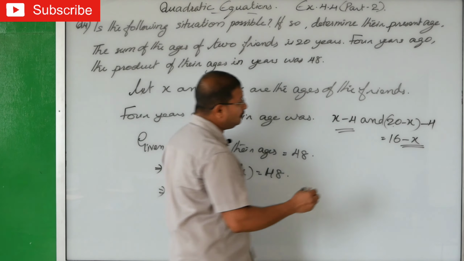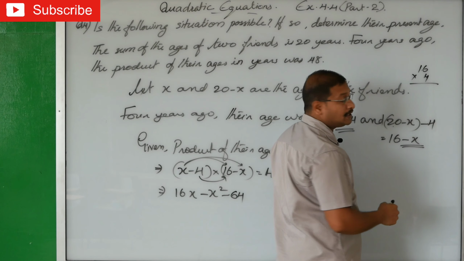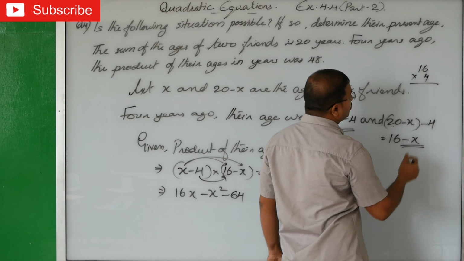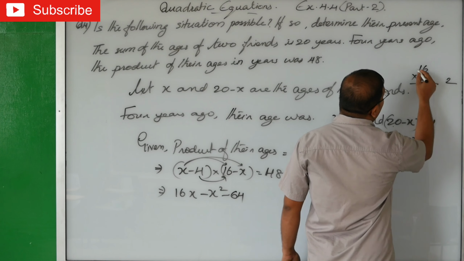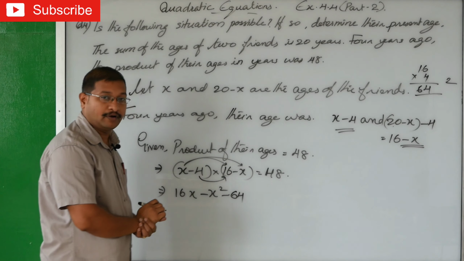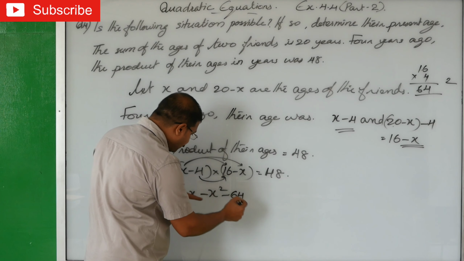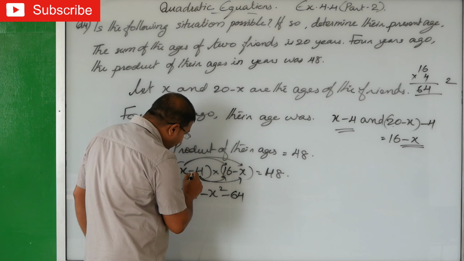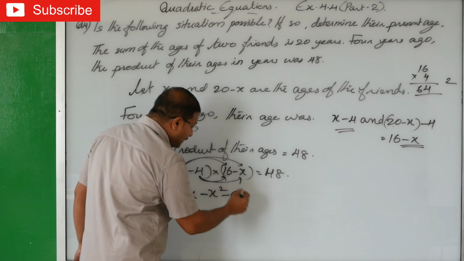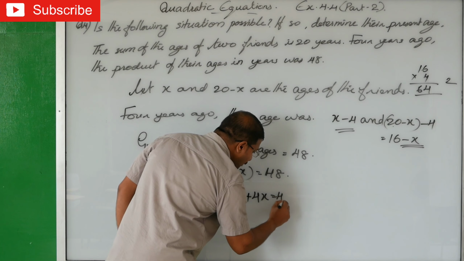If you have doubt, 16 into 4: 6 4s are 24, 2 in hand, 4 1s are 4 plus 2, 6. That is 64. Now again, minus 4 into minus x, minus into minus is plus, 4 into x, 4x equals 48.